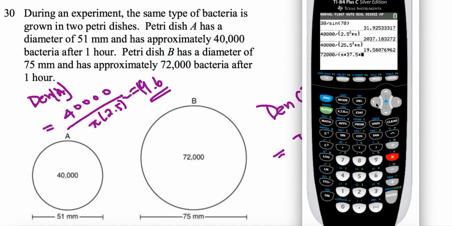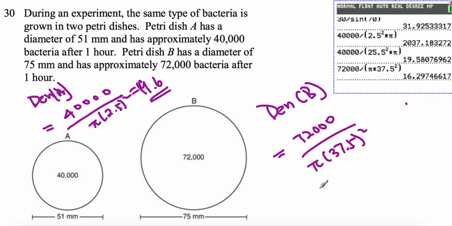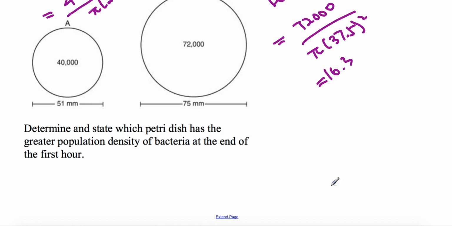We forgot the square over here. So we have 16.3. So therefore, Petri dish A has a higher density.